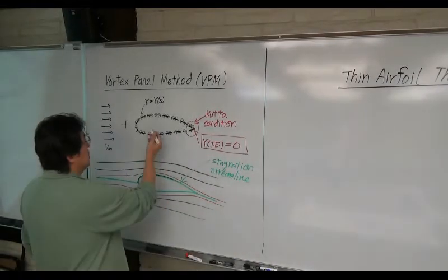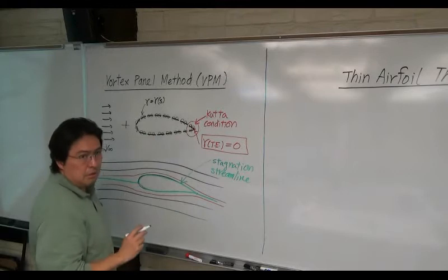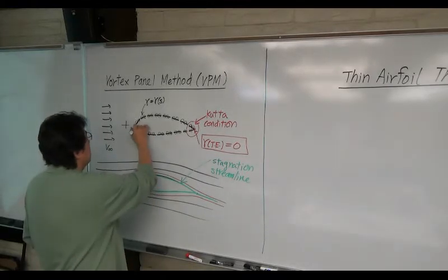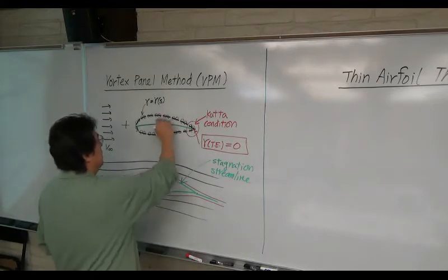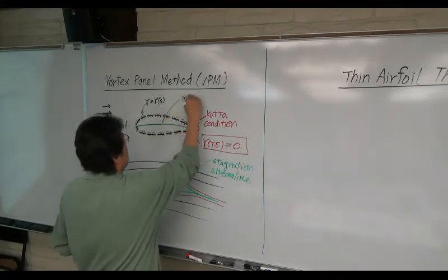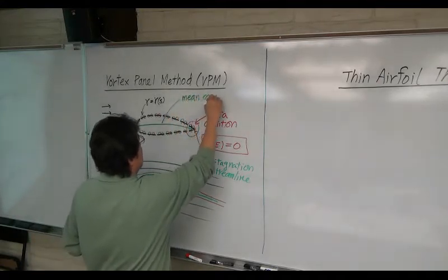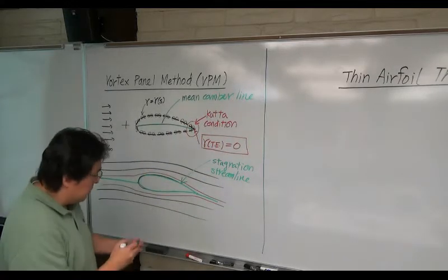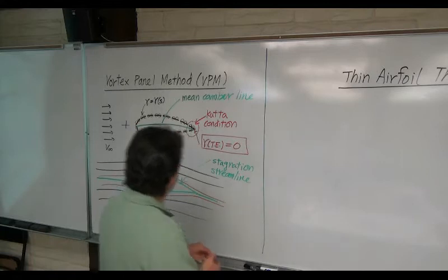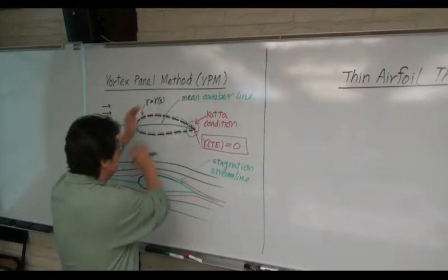First of all, let's just take a look at this cambered airfoil. That means you have a mean camber line. I'm going to basically completely ignore the thickness of this airfoil.